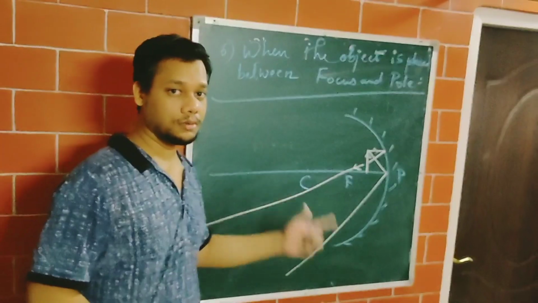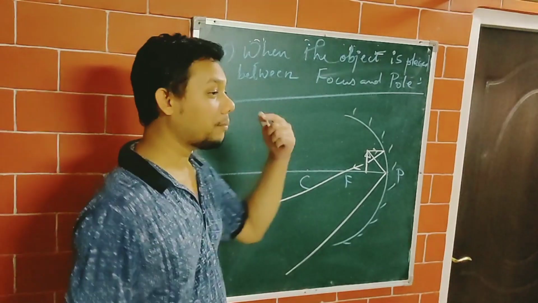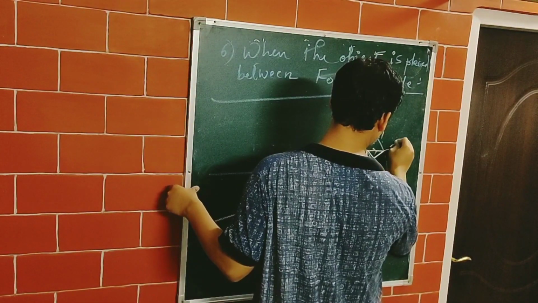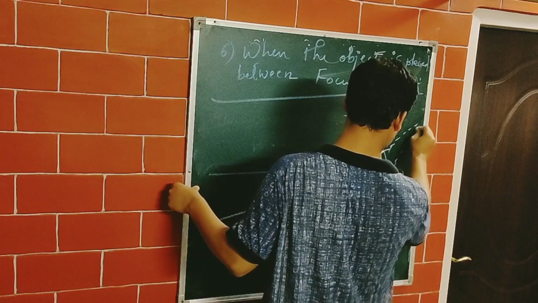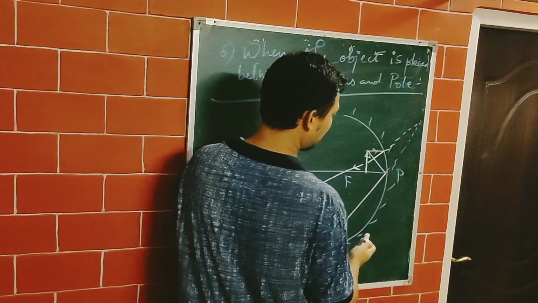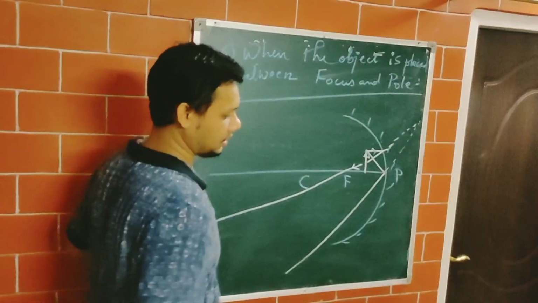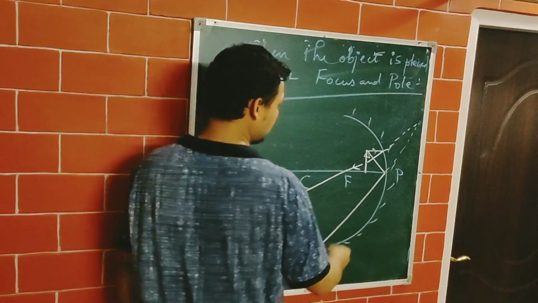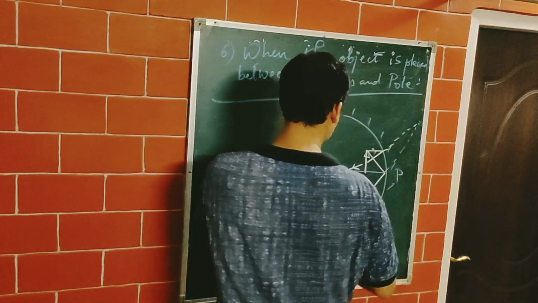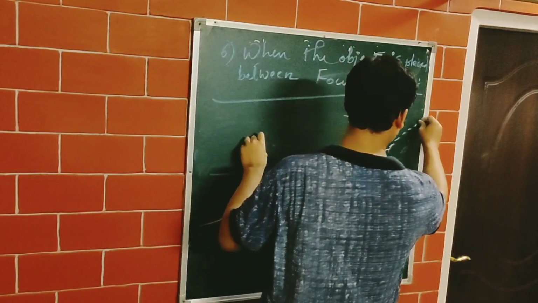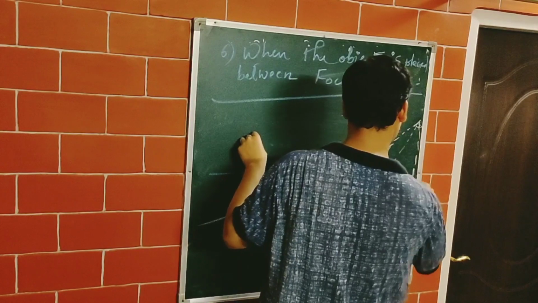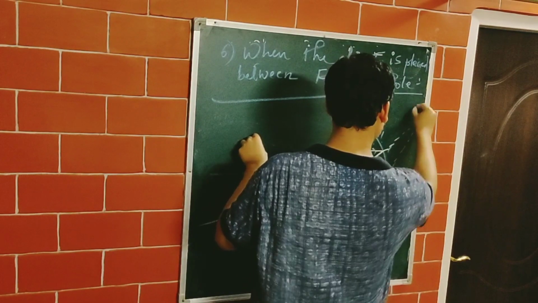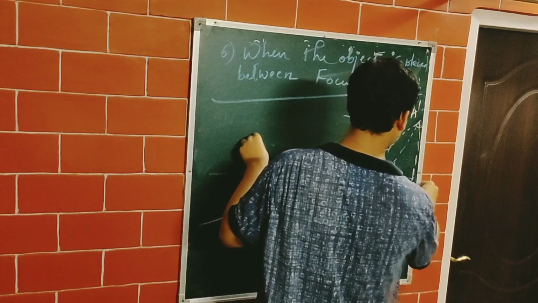So what do we have to do? We have to produce this backward. It's a special case. If it is not meeting this side, it will meet on the other side, that is behind the mirror. This is AB, this is A dash B dash.